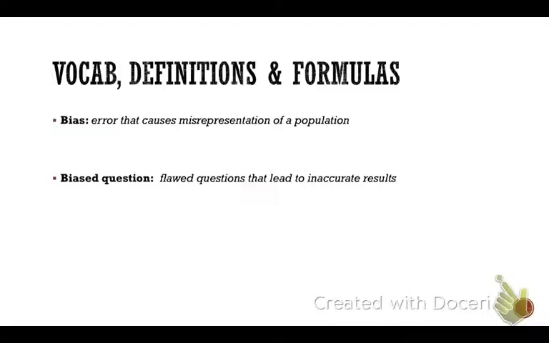Or if you had bias in a question, that's the second definition there. A biased question is a flawed question that leads to inaccurate results. So it gives people a suggestion, kind of in whether it's wording, positive or negative, of how they should respond. And then sometimes it just uses words or information that some people in your sample may simply not know.